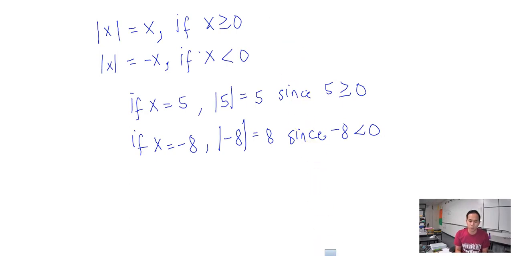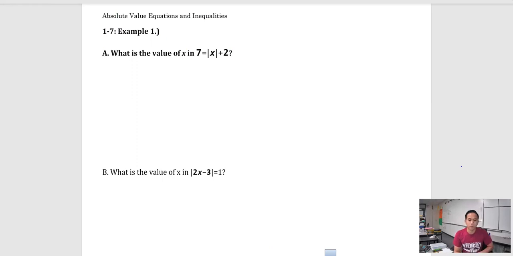So let's proceed with our first example. What is x in 7 is equal to the absolute value of x plus 2? First, we have to solve for x by isolating the absolute value expression on one side of the equation, because we have the plus 2 there.